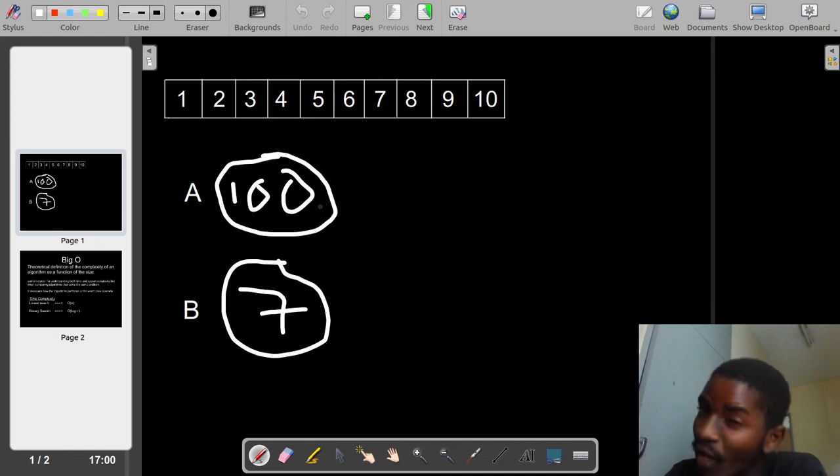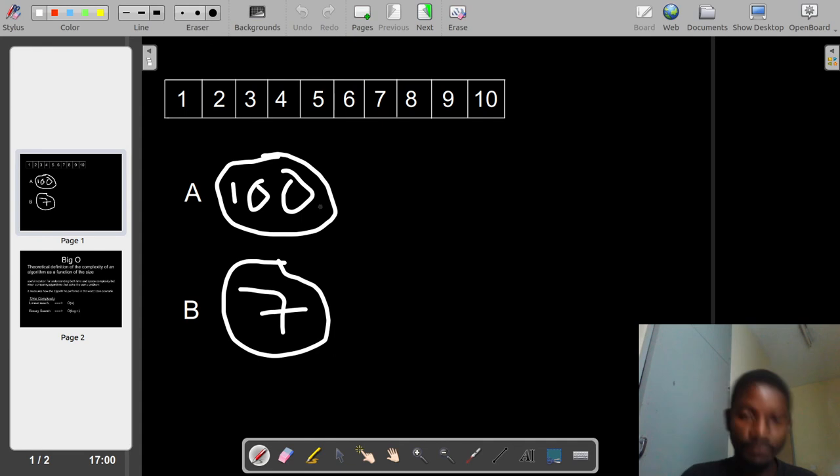But when we get onto binary search, there is a mathematical relationship, which is known as the logarithm of n. In linear search, as the value gets larger, the running time also gets larger. But in binary search, as the values grow larger and larger, the running time grows only by log of n.